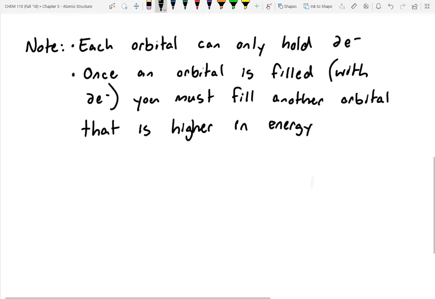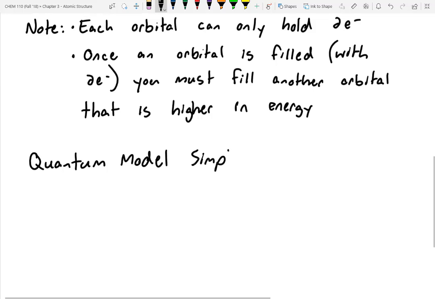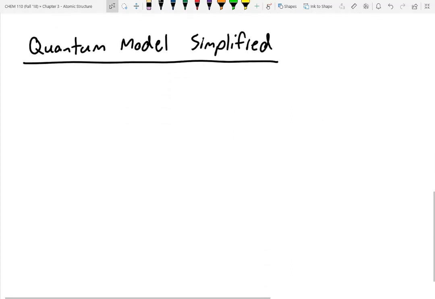This is called quantum theory. The quantum model says essentially there's discrete energy levels that electrons can occupy. And to show this, I like showing it as a stair step.